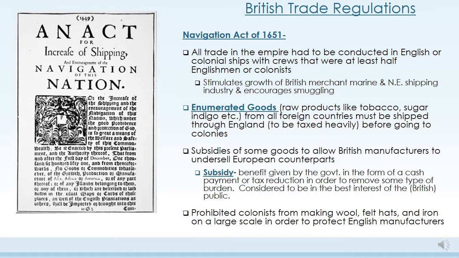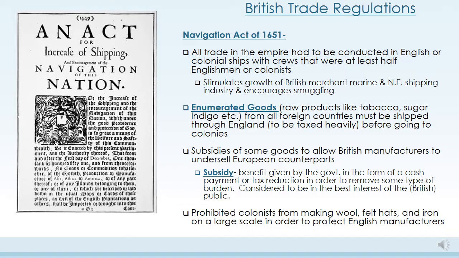The other thing that the Navigation Act said is that there were certain enumerated goods, and these were a list of goods such as raw products like tobacco and sugar and indigo, and it said that any of these enumerated goods that came from foreign countries couldn't just go directly to the colonists and sell them for a low price.